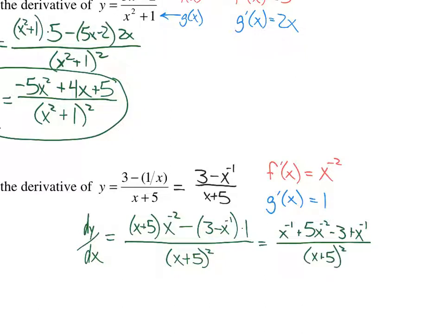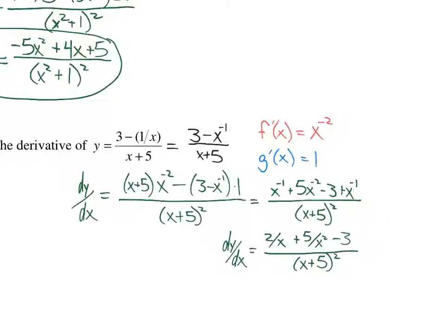And now that we're at the end, let's go ahead and simplify those negative exponents. We have 2 x to the negative 1, so that's going to be 2 over x plus 5 over x squared minus 3, all over x plus 5 squared. And that's our quotient rule.